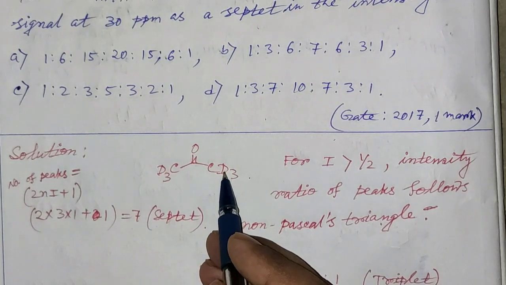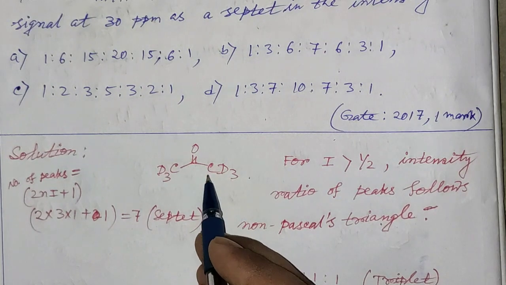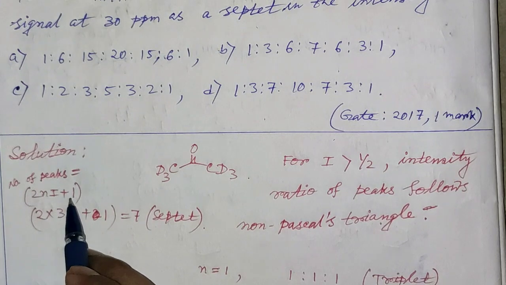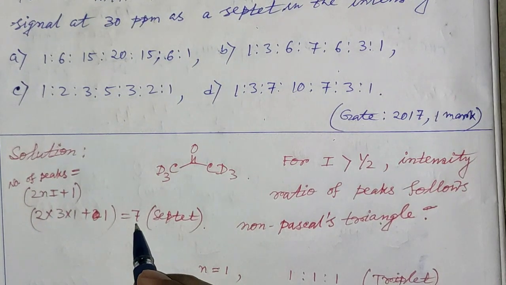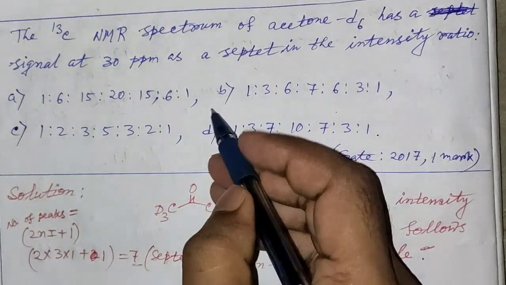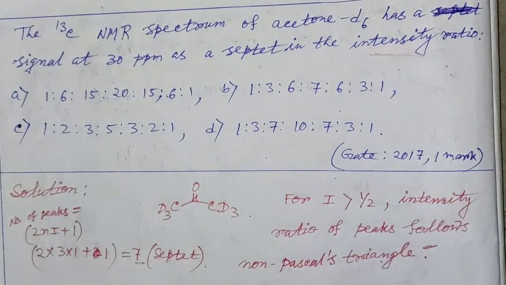Since for deuterium I is equal to 1, it will split the 13C nucleus following the 2nI plus 1 rule, that is, it will give 7 lines, that is a septet. Now we have to calculate the intensity ratio for the septet peak.